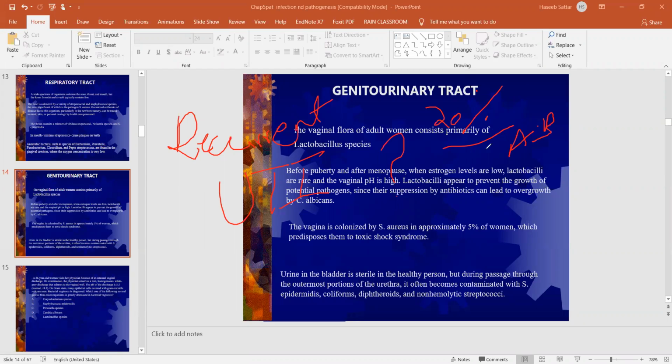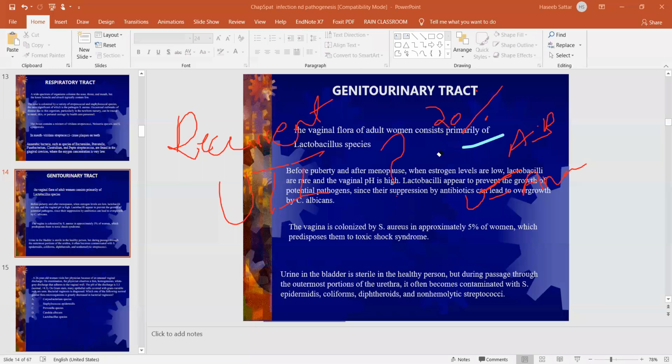Anatomically, the distance between the urethra and anus is short, due to which the bacteria can easily enter into the urethra from the anus. So that is why females are very prone to recurrent UTIs.